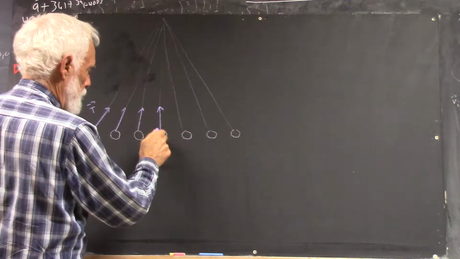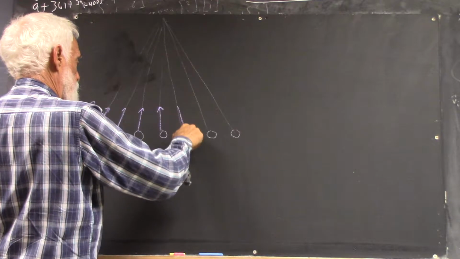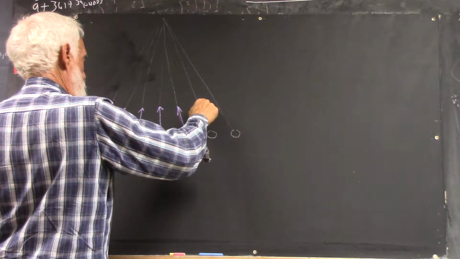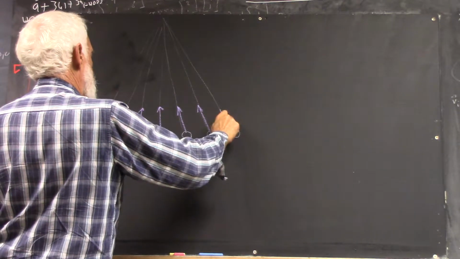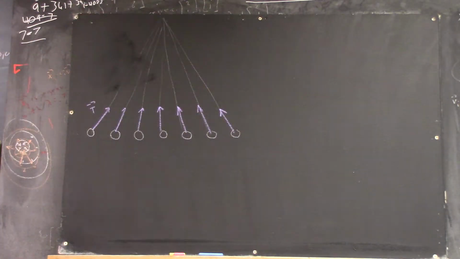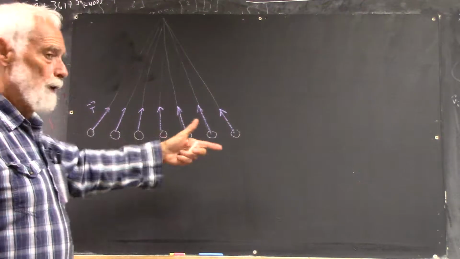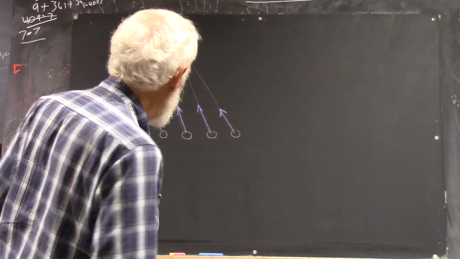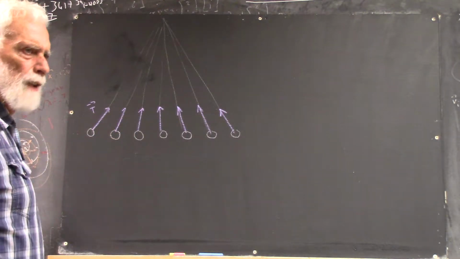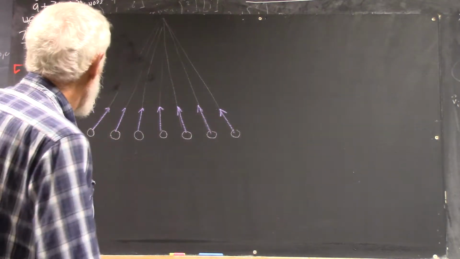Somehow I didn't manage to hit the center of the circle there, but you understand what it's supposed to be. And these are all supposed to be the same length. I'm probably off by 10% plus or minus from the average, but you can see they all look like they're about the same length. So, okay, these are the tension vectors.